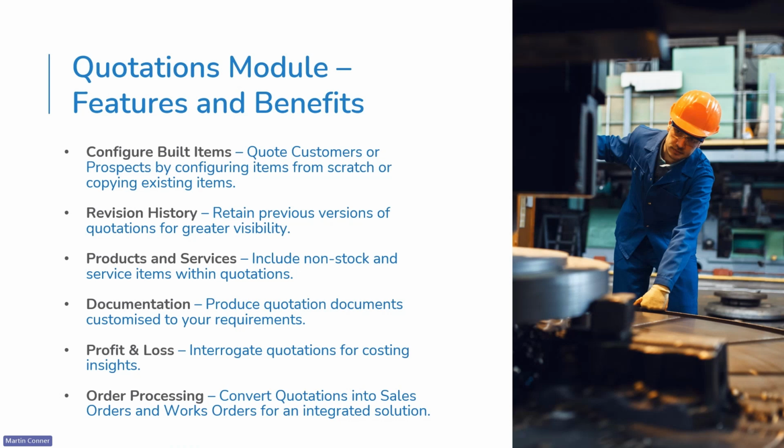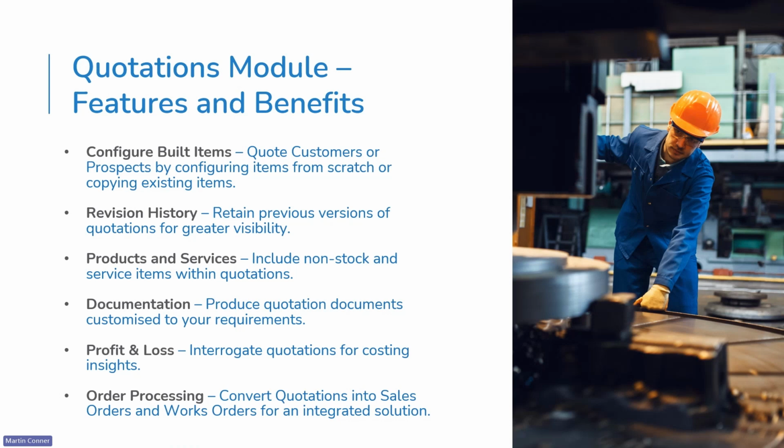So the customer or the prospect comes back to you and says, yeah, I like that, but could you change it to X or Y? You can retain that previous version and you can go back to that version. If they said, actually, I don't like that no more, can we go back to what you originally quoted? So you retain that history and that visibility there.